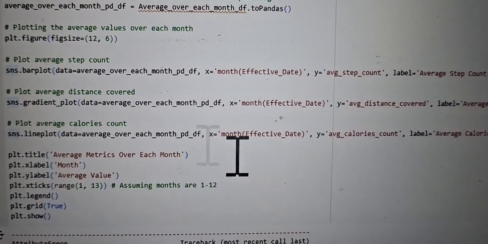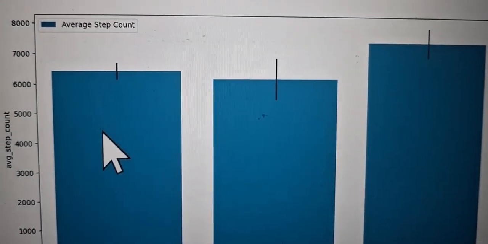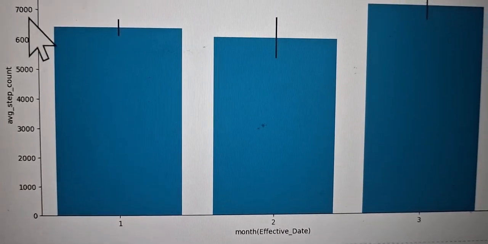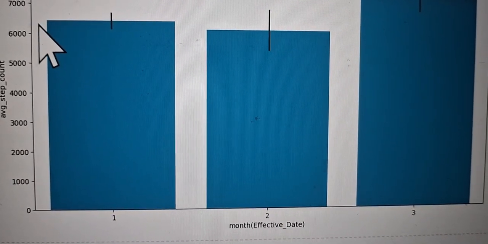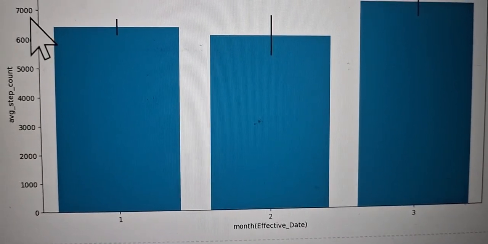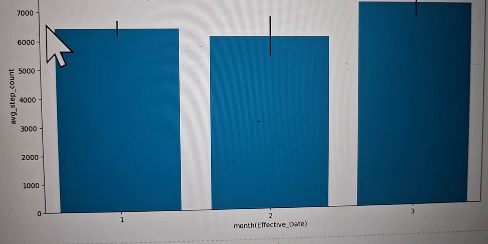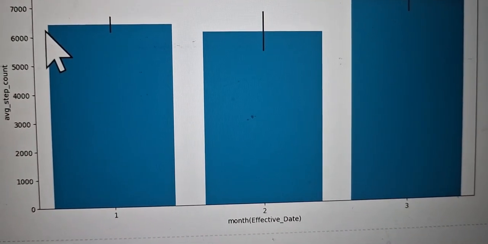You can see it here, this is the average step count, the label which is coming, and it is showing me for the first month the total step count is somewhere between 6,000 and 7,000, something like 66, 67, 68, 69, whatever.